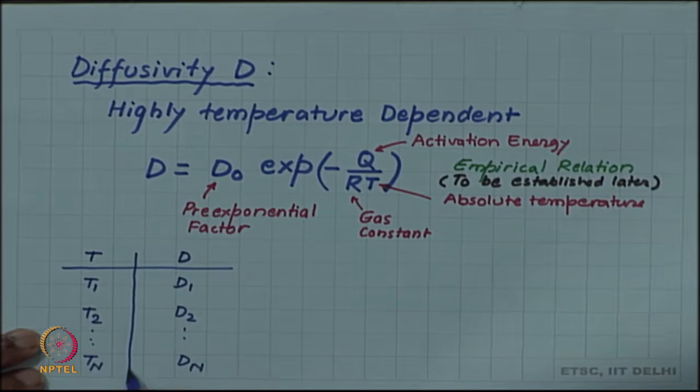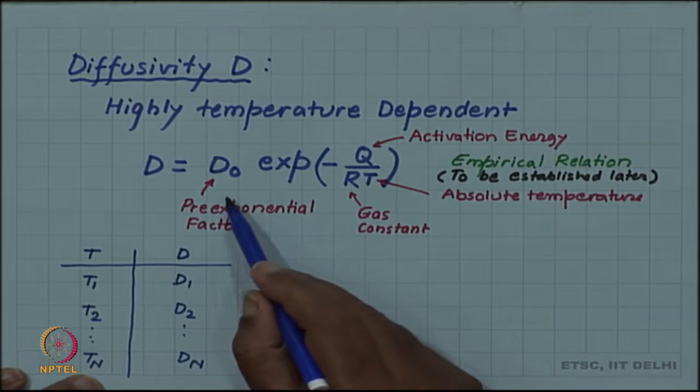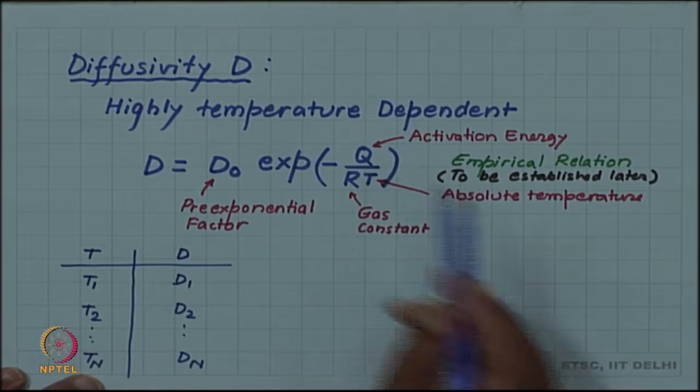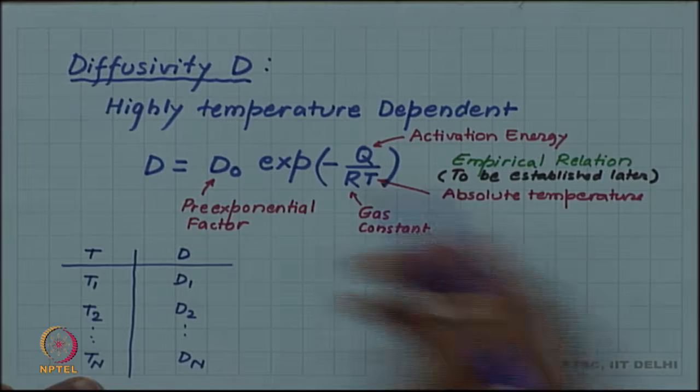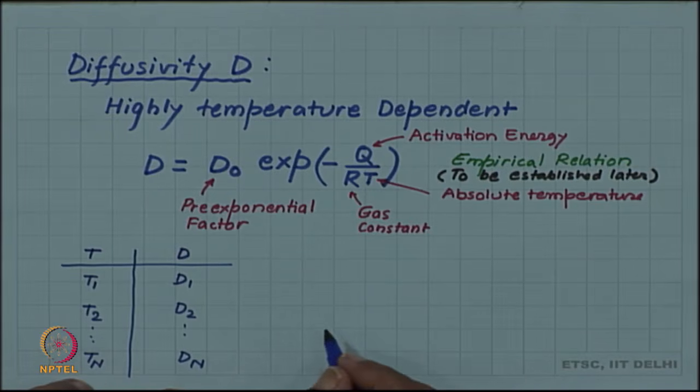If we have a table like this, then it is possible to get the pre-exponential factor and Q, or to verify whether this relationship is true or not by plotting. You can see we will get a straight line if we simply take the log of this equation.